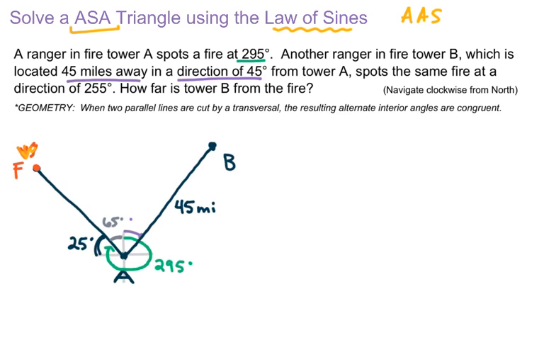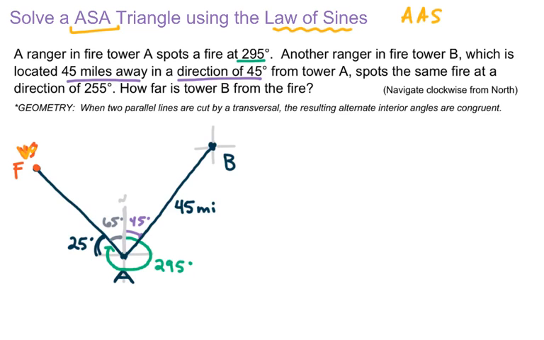We know this angle measure from north, off of north to that ray I've just drawn, is 45 degrees. So as we deal with these navigation problems, we're always going to be recreating our compass at each of these points.